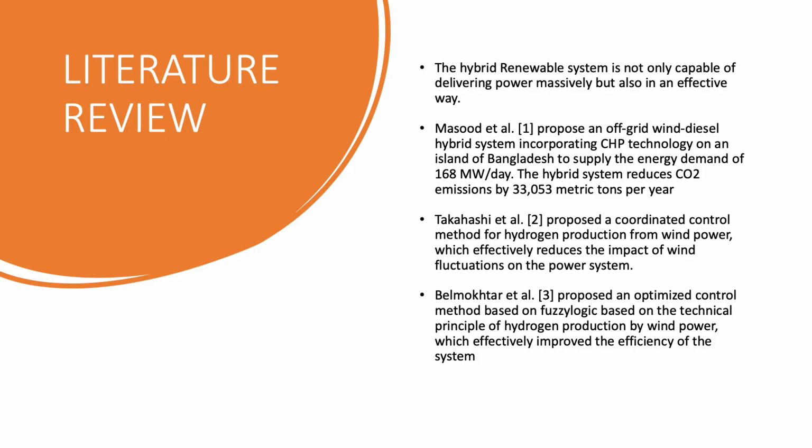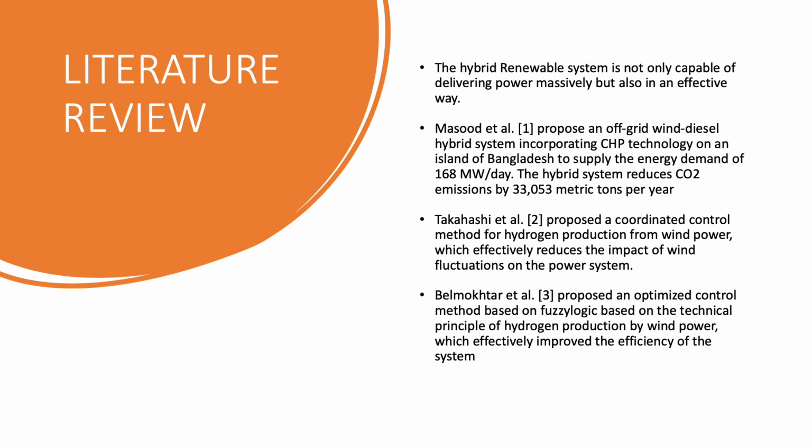So I move on to the literature review of this paper. The hybrid renewable system is not only capable of delivering power massively but also in an effective way. Mashoud et al. proposed an off-grid wind diesel hybrid system incorporating a CHP technology on an island of Bangladesh to supply the energy demand of 168 MW per day.